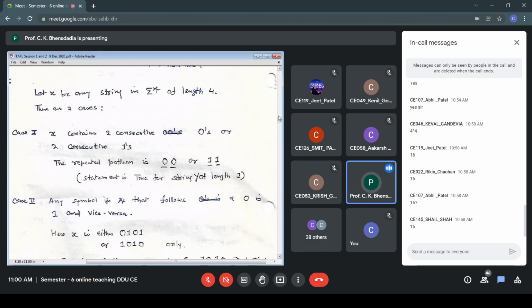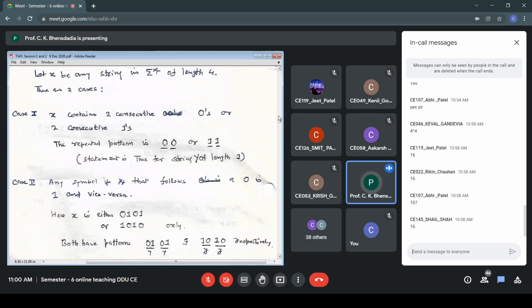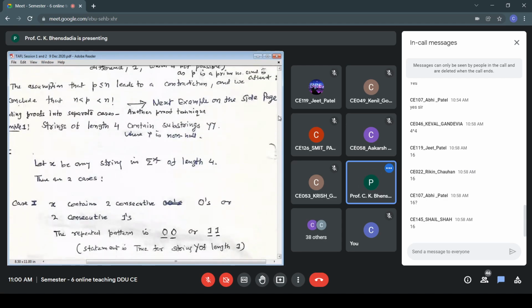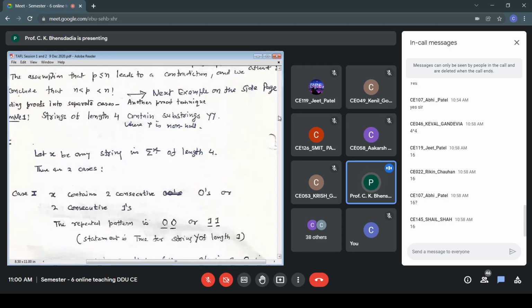If it is starting with 1, the next symbol is 0, next is 1, next is 0. So these are the possibilities in case 2, whereas in case 1, 2 consecutive zeros or 2 consecutive ones are present. These 2 cases will cover all the 16 strings. So I don't require 16 cases, only these 2 cases are sufficient. And in both cases I will prove the statement.